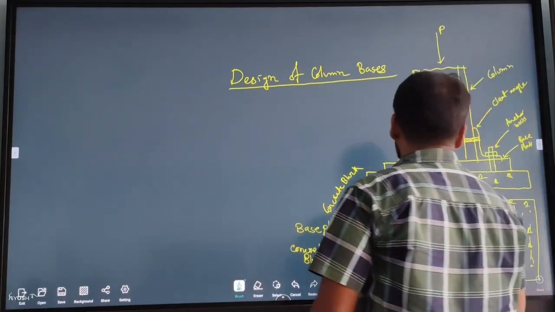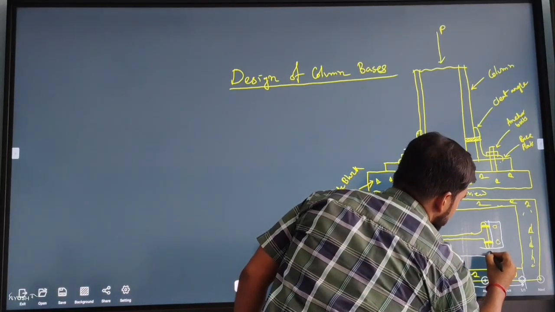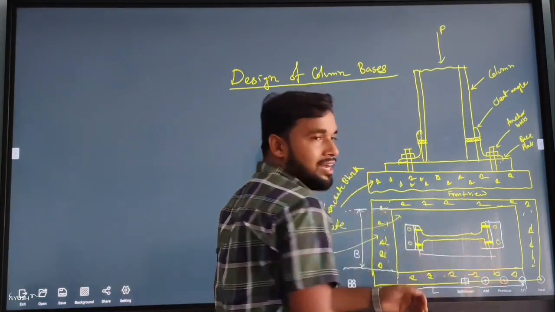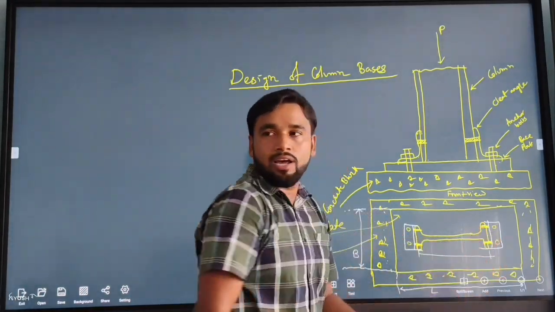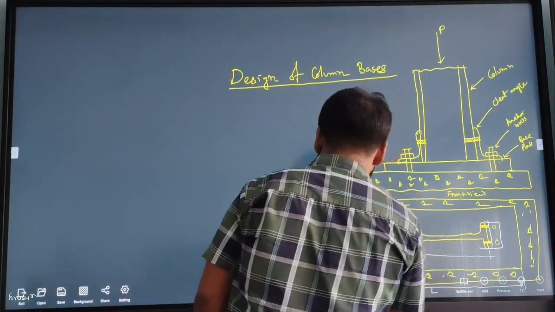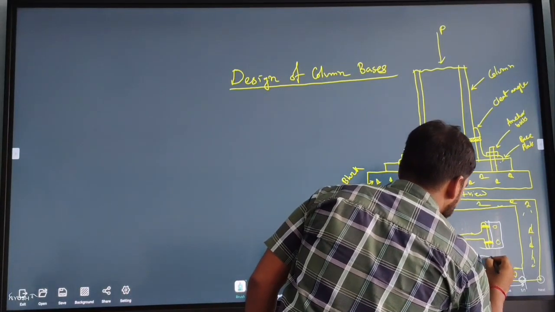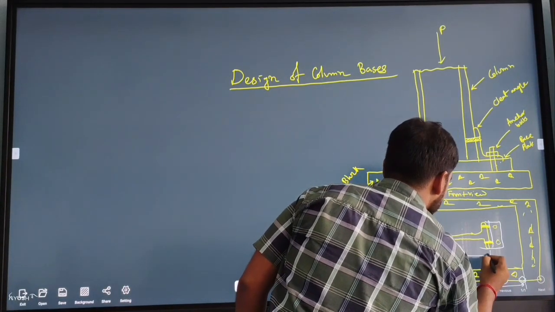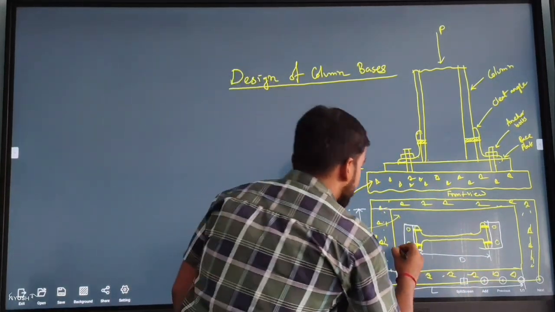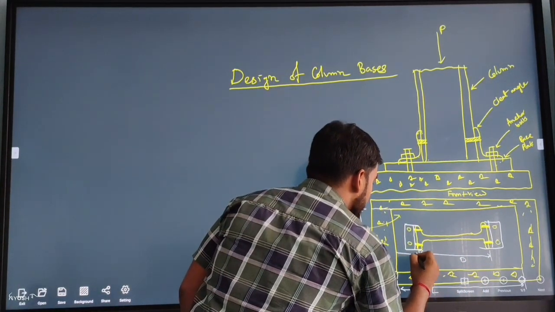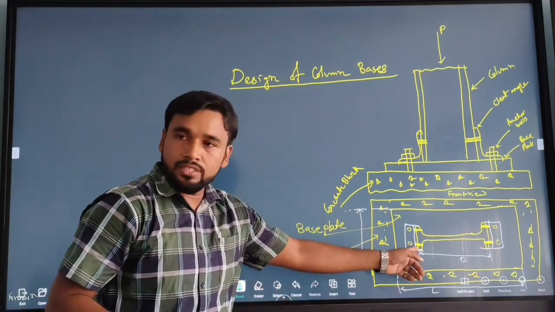Now, what is this value called? This is the overall depth of the section which is used as a column. Overall depth, let us say capital D. Let us say the projection of the base plate beyond the column edge is as follows.